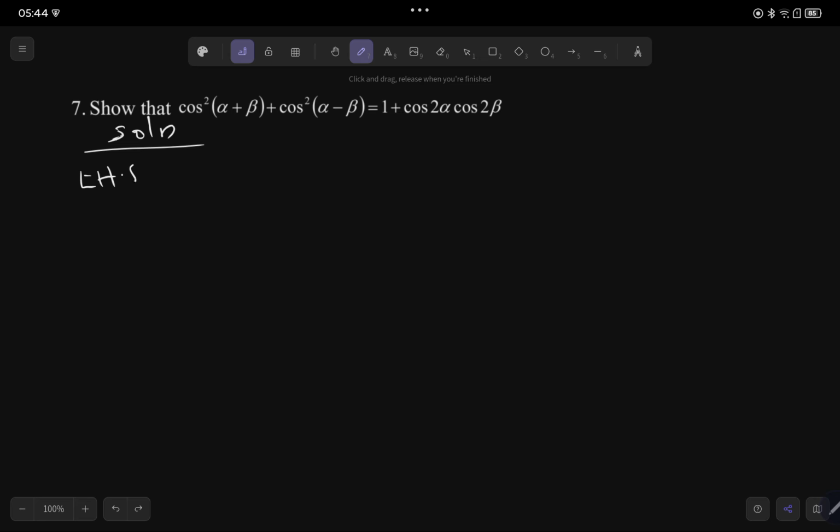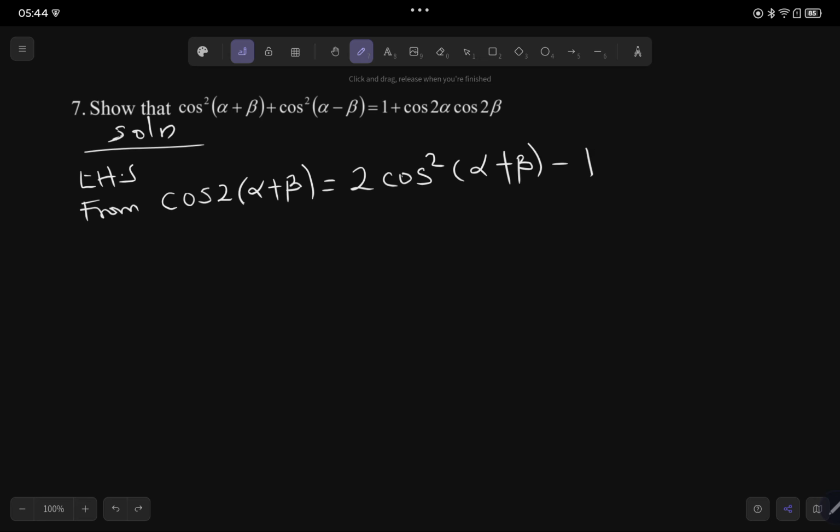We begin with our left hand side. We know that cos 2, I'm now bringing the idea of multiple and submultiple angles, this was the same as 2 cos squared (alpha plus beta) minus 1. Now, I want this one to be made subject.